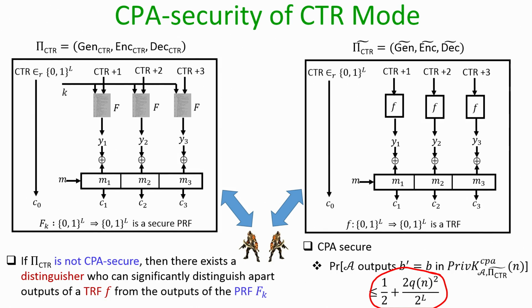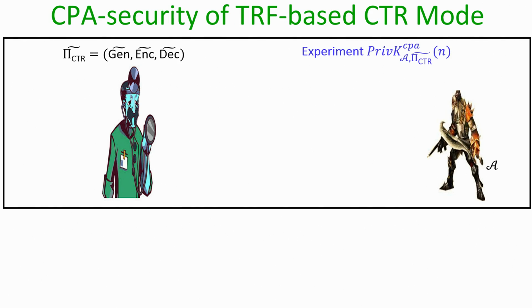We will first consider a variant of the counter mode of operation, prove it to be CPA secure formally, and then come back and argue that since the only difference between the actual counter mode and the variant is the underlying invocations of the function, the actual counter mode should also be CPA secure, otherwise there is a distinguisher who can distinguish the keyed function from the outcome of a truly random function. So, let us first proceed to prove the CPA security of the truly random function based counter mode of operation.